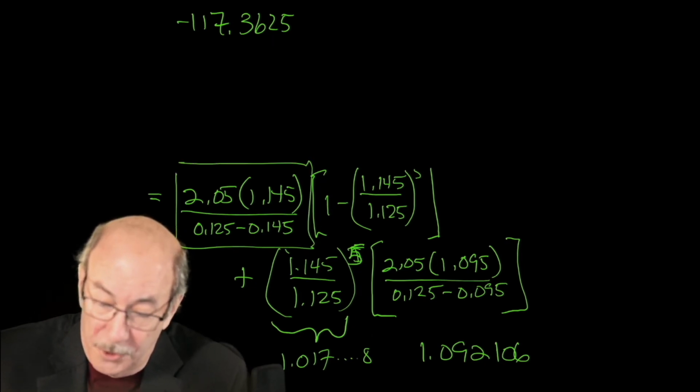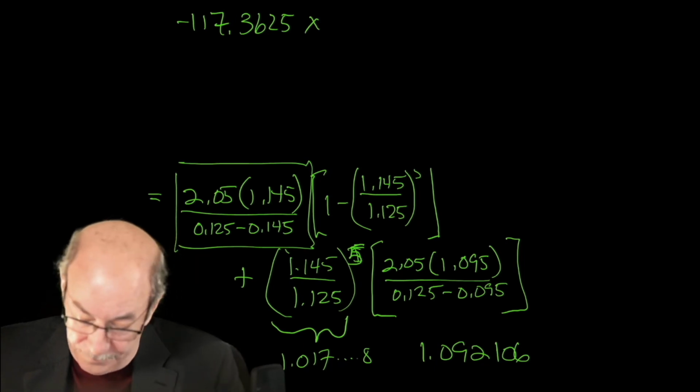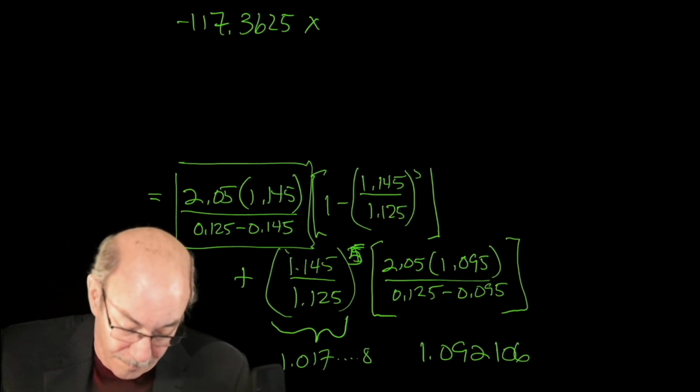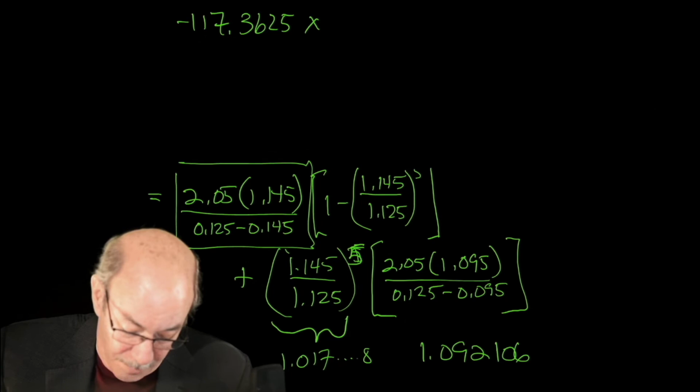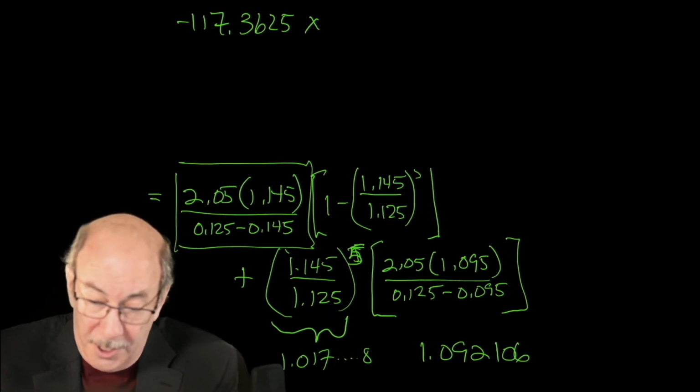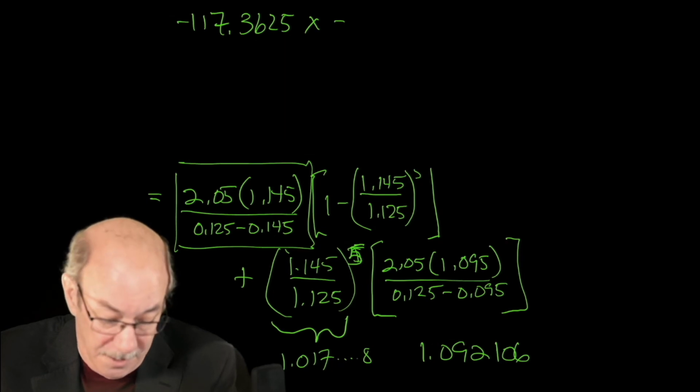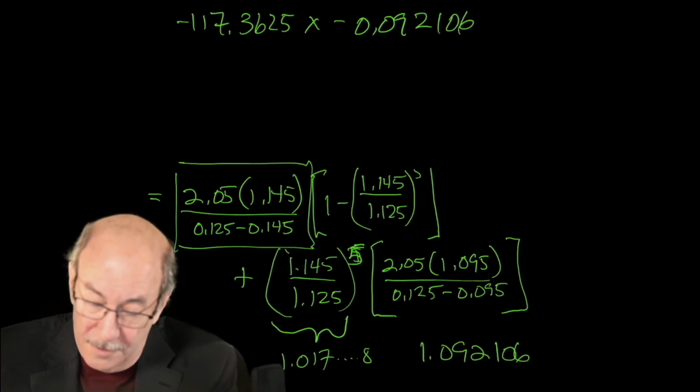And then multiply that by 1 minus, and I've got that stored. So multiply it by a negative 0.092106.